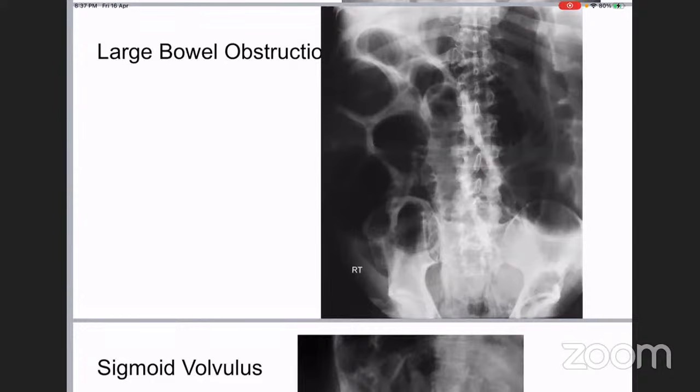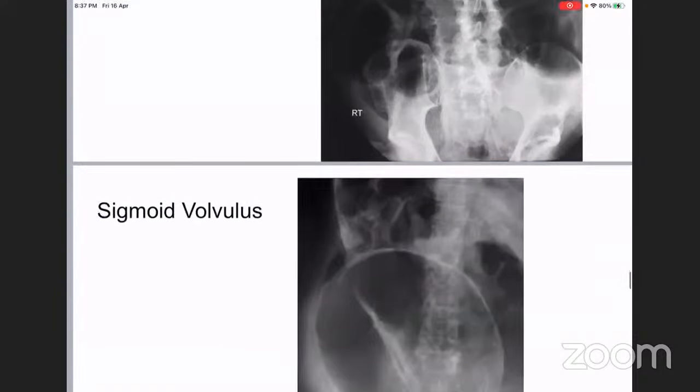For small bowel, if the caliber of the lumen is more than 3 centimeter, it is significant. For the large bowel, if it is more than 6 centimeter, it is significant, except for the most distensible part of the large bowel, the cecum. Very good. So the cutoff there is 9 centimeter. This is something that they will ask you.